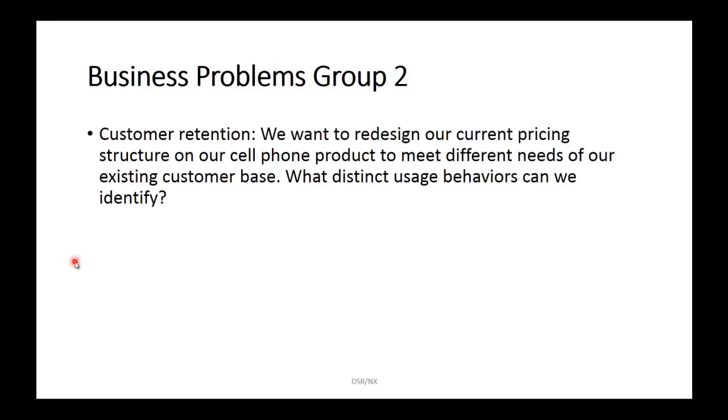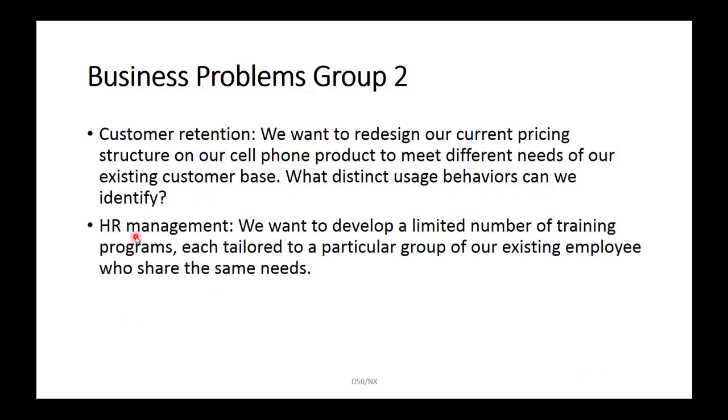Business problem Group 2. In customer retention, we want to redesign our current pricing structure on our cell phone product to meet different needs of our existing customer base. What distinct usage behaviors can we identify? In HR management, we want to develop a limited number of training programs, each tailored to a particular group of our existing employees who share the same needs.